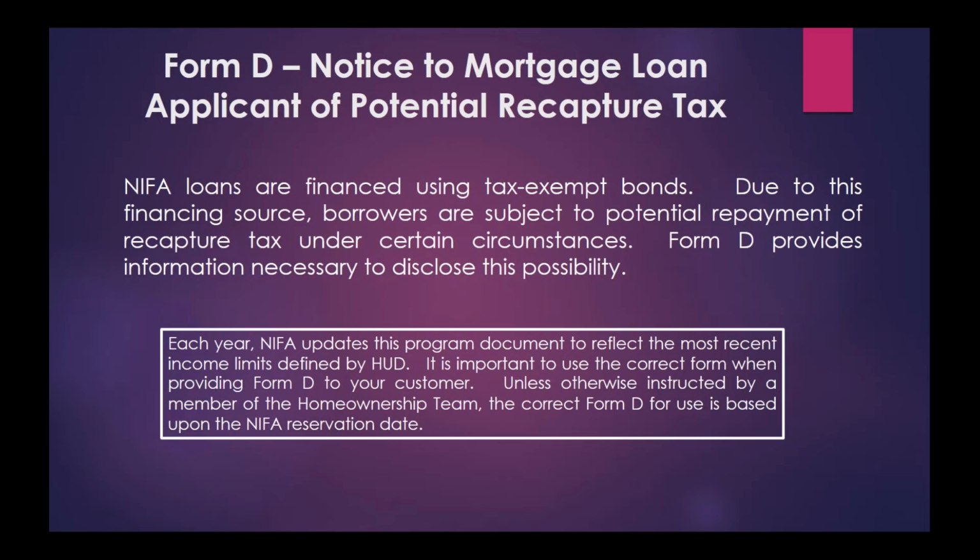So currently, if the loan was reserved prior to July 1st of this year, you'll need to provide the June of 2019 version, unless the higher income limit is needed and indicated by NIFA staff. Otherwise, if reserved after July 1st, then you would be providing the July of 2020 version to the borrowers.